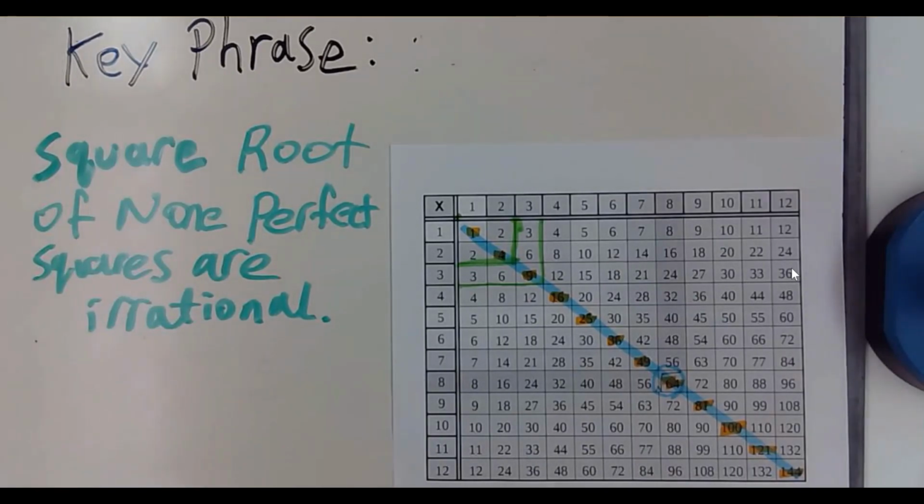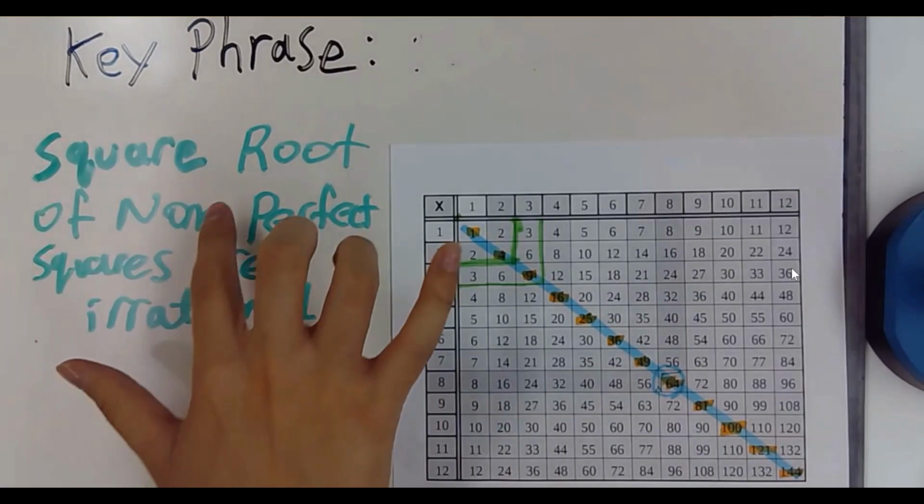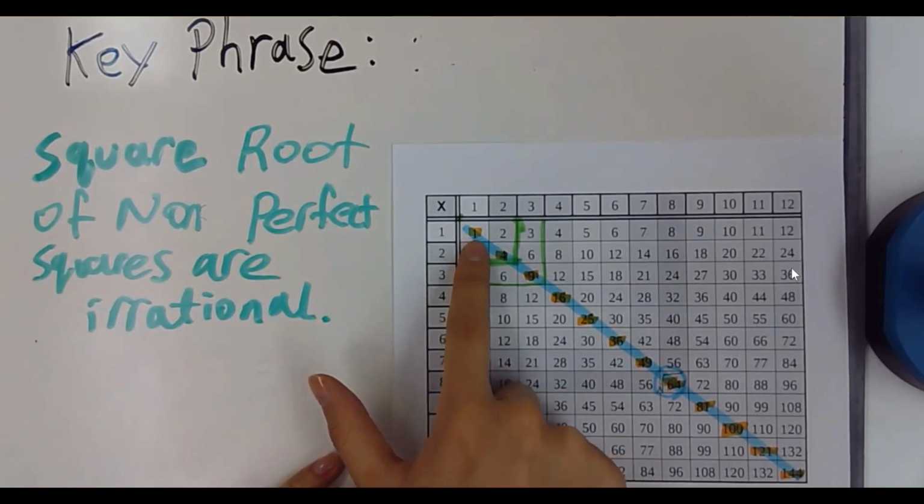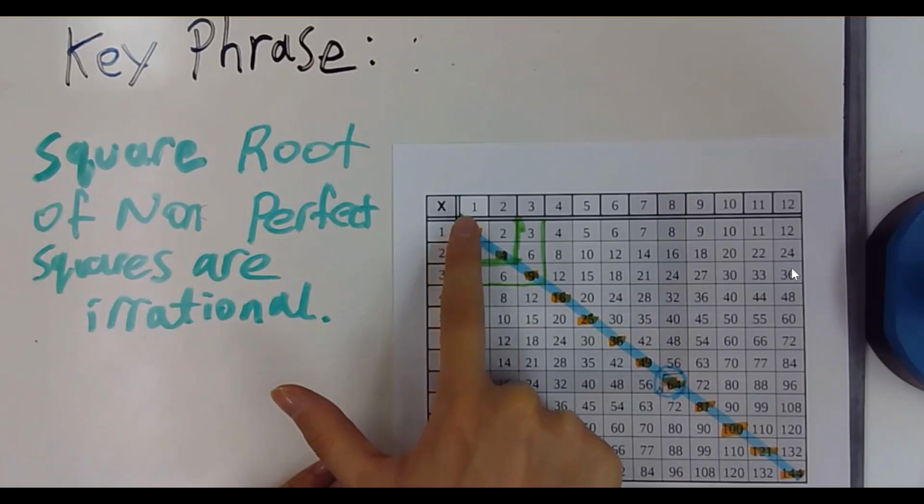So let's revisit our key phrase. The key phrase for today was that square roots of non-perfect squares are irrational. Now let's think about what that actually means. Over here, we know that squares are numbers that are multiplied by themselves. So 1 times 1, which is 1, is a perfect square.